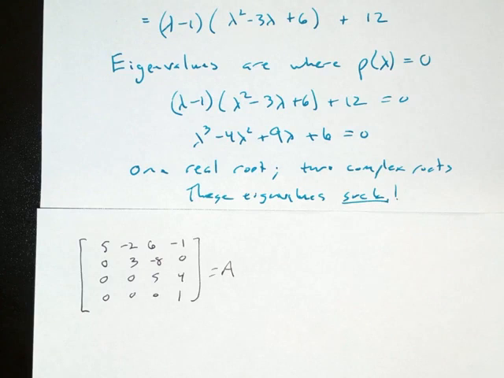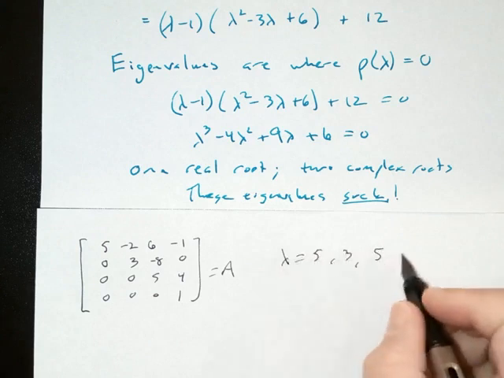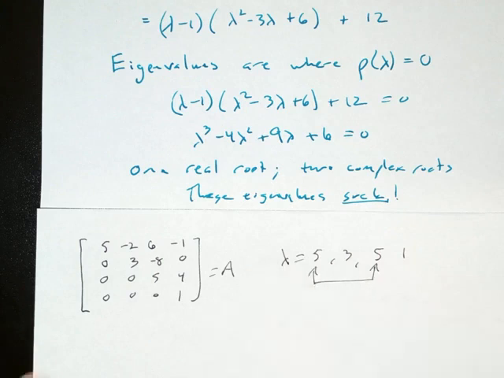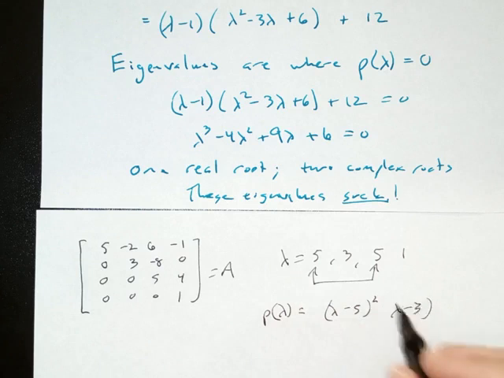What are the eigenvalues here? Ta-da! It's triangular. I don't have to do anything. But what that means is that one of those is a repeated root, which means my characteristic polynomial would factor if I were to do all the work, which I'm not going to. I would end up with this.